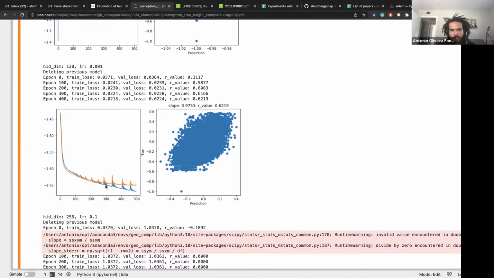Does it remind you of anything that we discussed before? I heard someone commenting something, but I couldn't hear. Overfitting? Oh, yeah. Looks like some overfitting was about to start happening here, right? Because the loss for the training is still going down, but the validation is no longer going down.